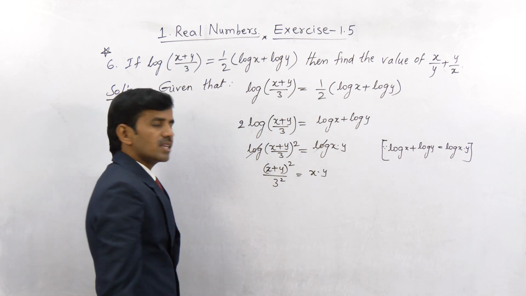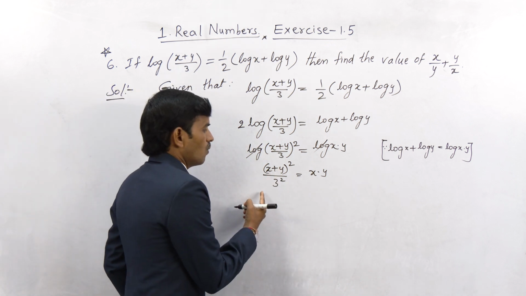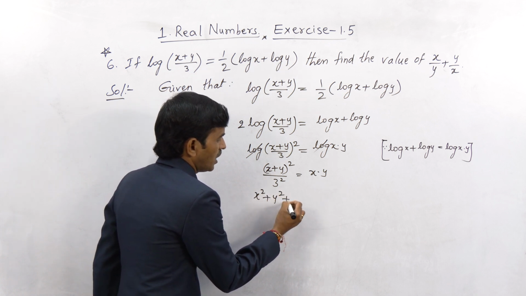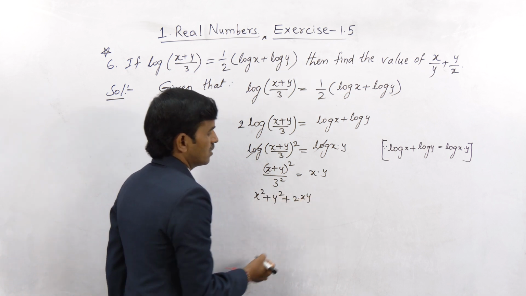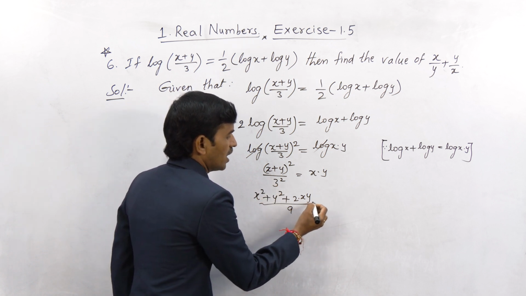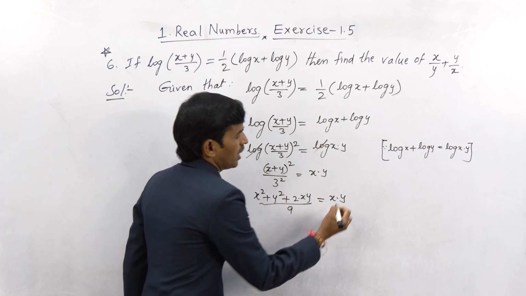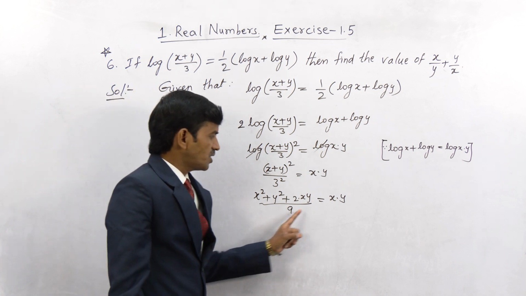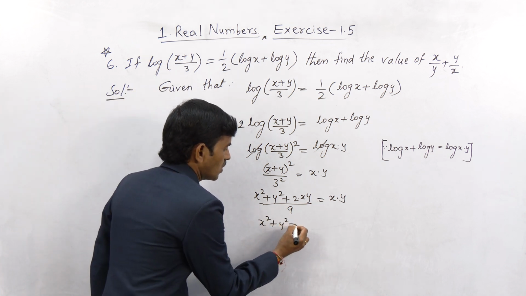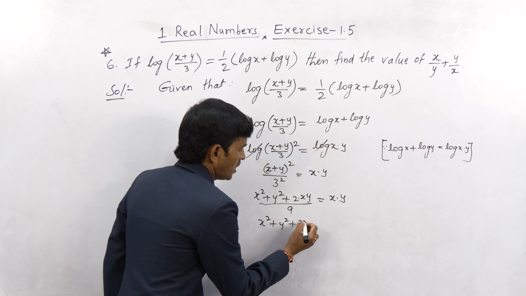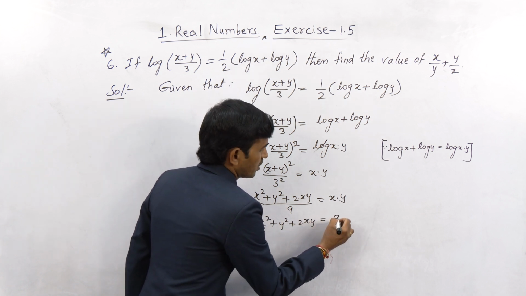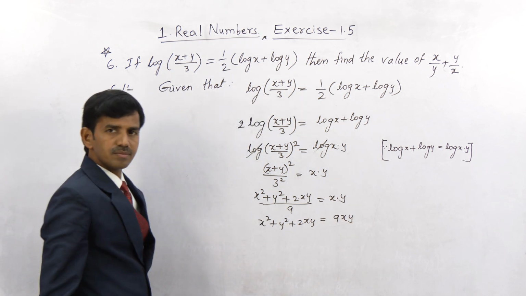So expand this (x plus y) whole square. What does it become here? x square plus y square plus 2xy by 3 square, whose value is 9, is equal to x into y. Now this denominator 9 we can transfer to this side: x square plus y square plus 2xy is equal to 9 times xy.